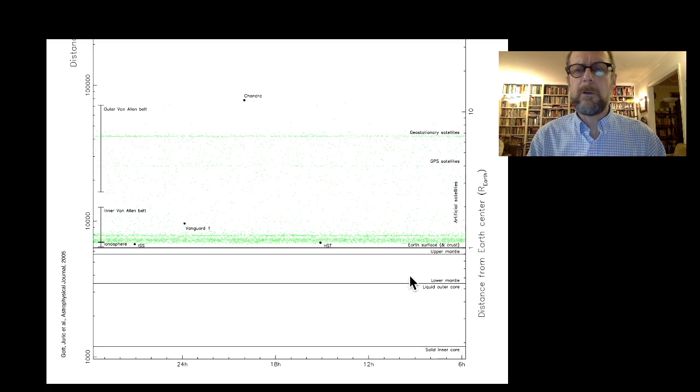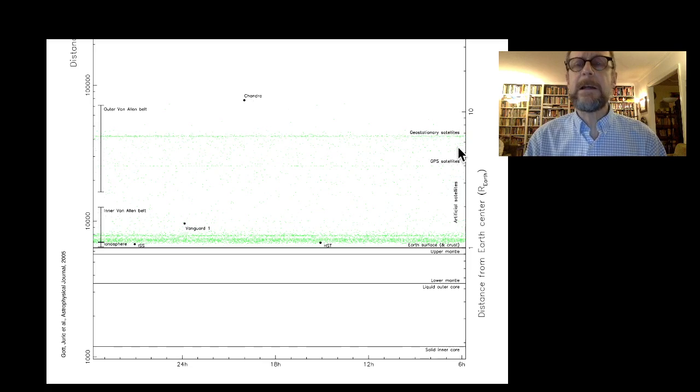And here's the interior parts. If you've heard of the core of the Earth, the mantle of the Earth, that's what these boundaries are here. But this thick line is the Earth's surface. And then these couple of dots here, there's Hubble Space Telescope, the International Space Station. All these green dots here are satellites in Earth orbit, in low Earth orbit. By the way, the left-hand side of the diagram is distance from the center of the Earth in kilometers rather than Earth radii.